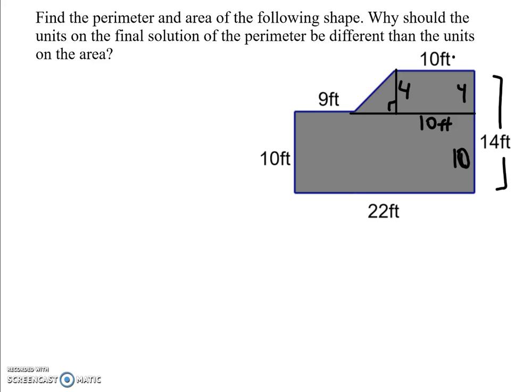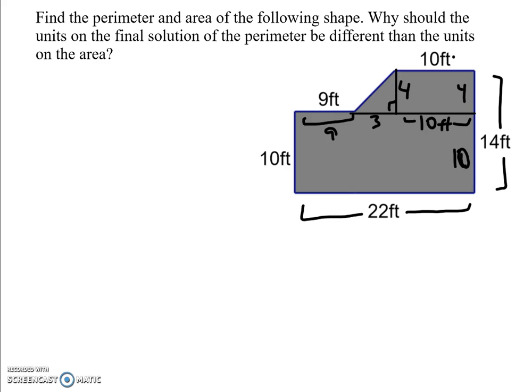So if I look at my last piece I have, if I know this entire side is 22, here I have 9, here I have 10, so that means this has to be 3 feet.